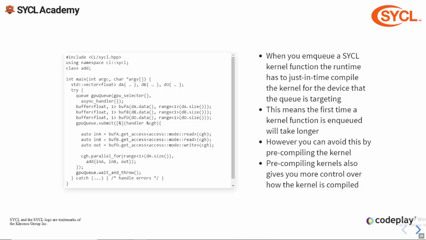So when you enqueue a SYCL kernel function in your application, the SYCL runtime will often do just-in-time compilation to compile it down to the instruction set of the target device. This means that the first time you enqueue a kernel, it may take longer than subsequent enqueues. However, you can avoid this by precompiling your kernels. Precompiling kernels can also give you more control over how they're compiled, allowing you to specify specific flags or even link other libraries.